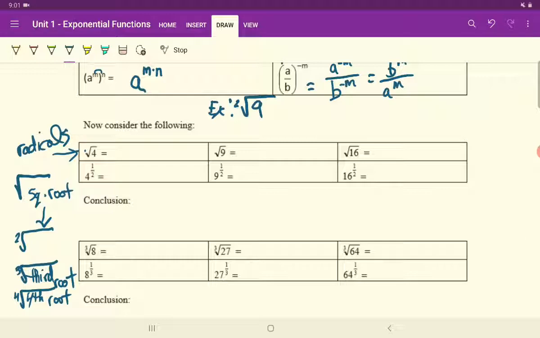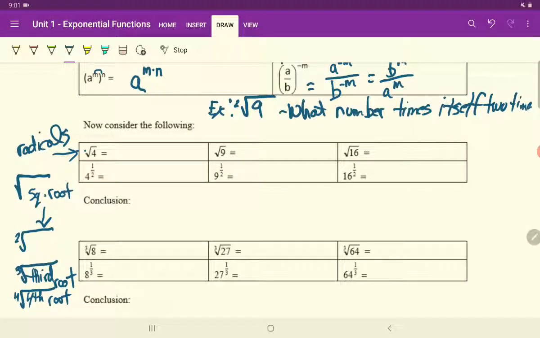You're thinking of what number times itself, and now because it's square root, it's times itself 2 times, equals 9. That's the question you ask yourself when you see a square root bracket, right? You're saying to yourself, okay, it's wanting me to find out what number times itself 2 times equals 9. And in this case, we know, of course, that it equals 3.